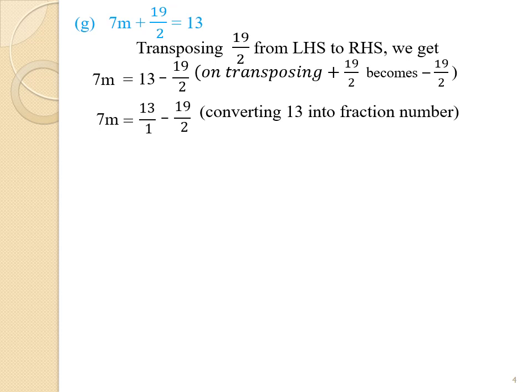So let's find out equivalent fractions of 13 upon 1 as well as 19 upon 2. Equivalent fraction of both the fractions is 7m equals 13 multiplied by 2 upon 1 multiplied by 2 minus 19 multiplied by 1 upon 2 multiplied by 1.